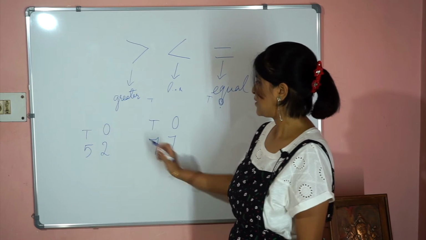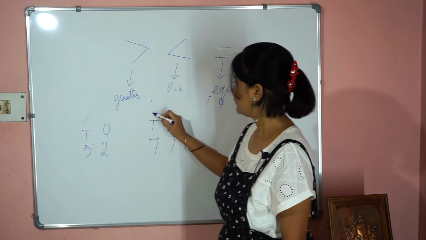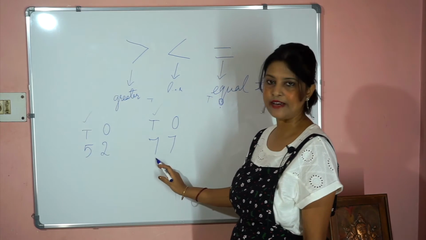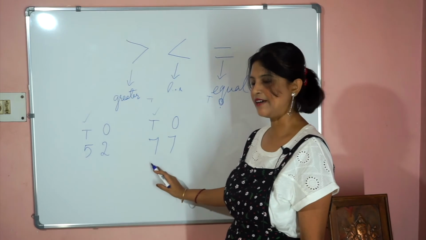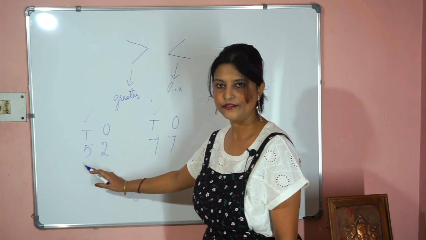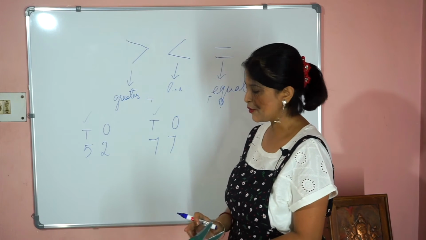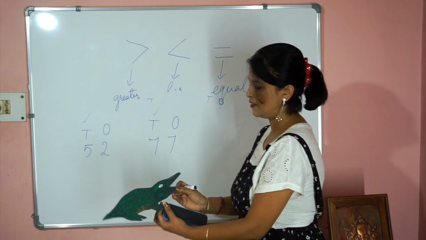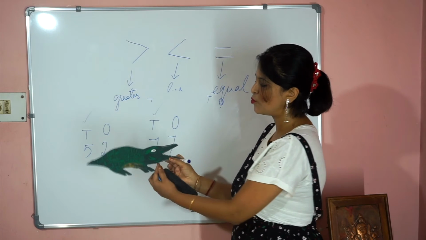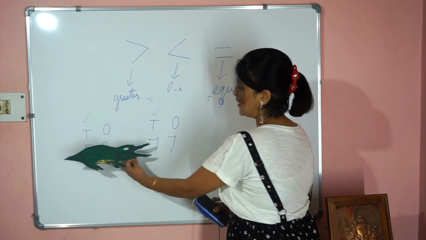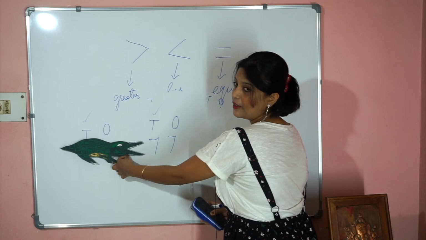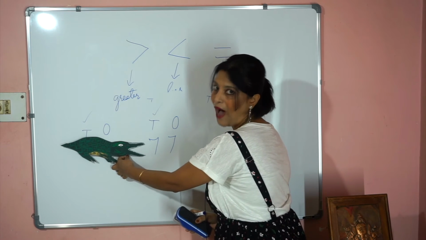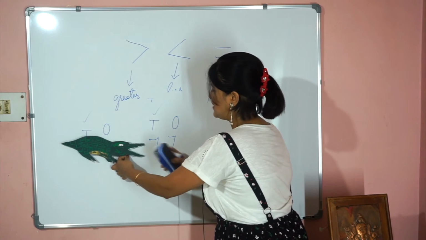So, now check the tens place digit, 5 and over here 7. Naturally, 7 is greater than 5, right. So, the crocodile will face towards the bigger number. The crocodile will now move to eat the bigger number. So, you can see the crocodile has opened its mouth wide towards 77.